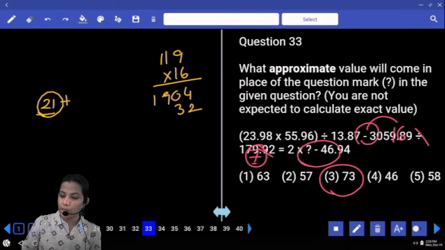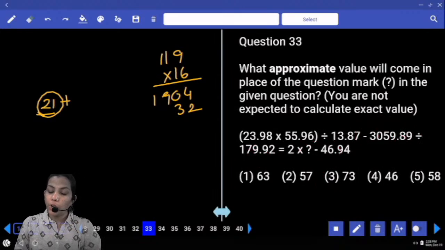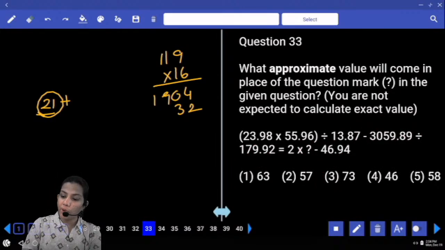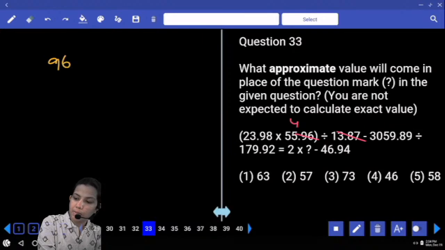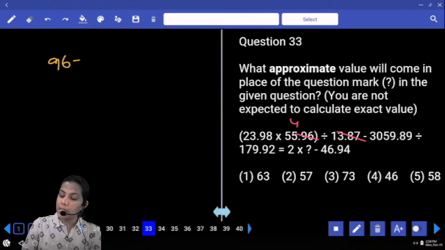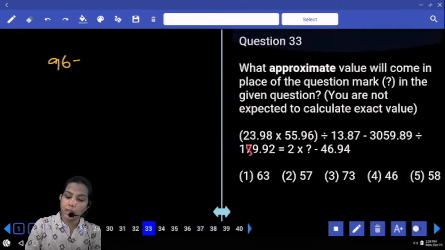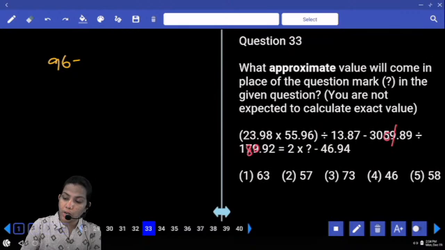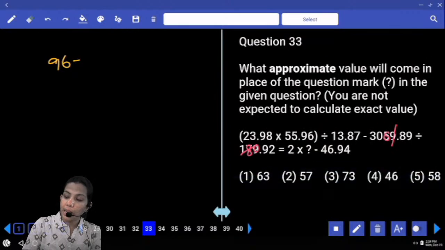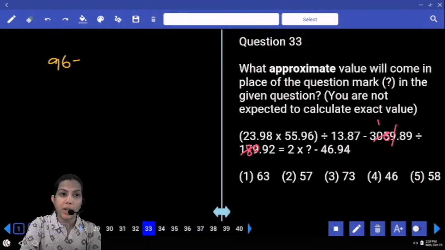Next, question number 33. 24 into 56 divided by 14. 14 goes exactly 4 times, and 24 into 4 is equal to 96, minus 3060 divided by 180. 0 and 0 cancel. 306 is divided by 18. 18 once 18, remaining is 126, exactly 7 times.